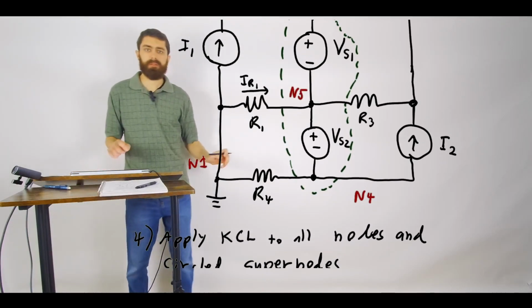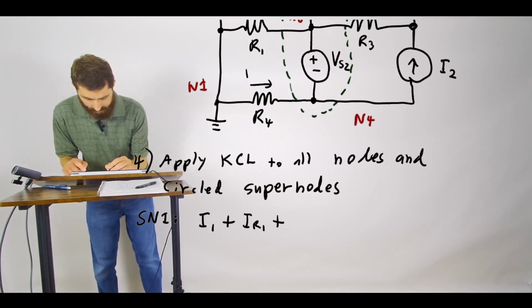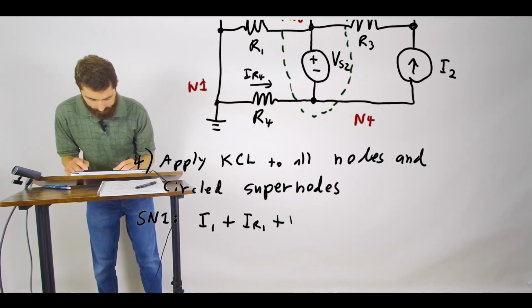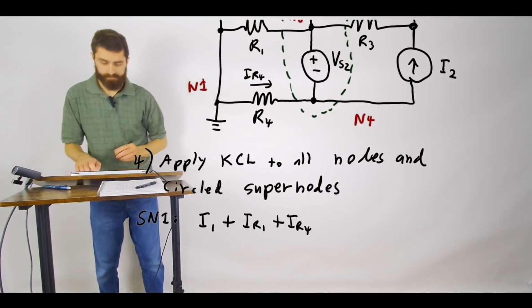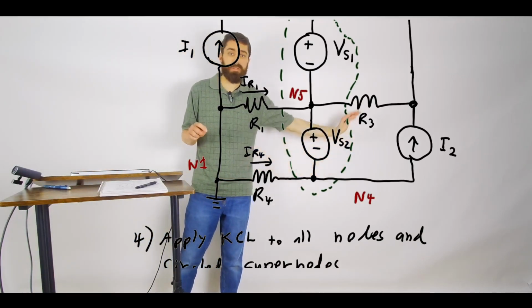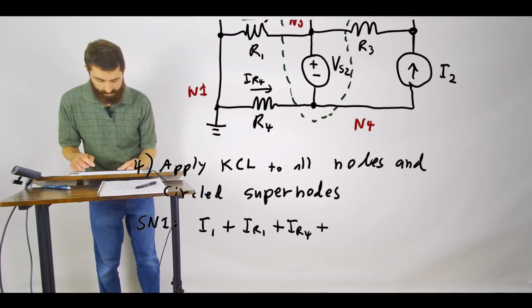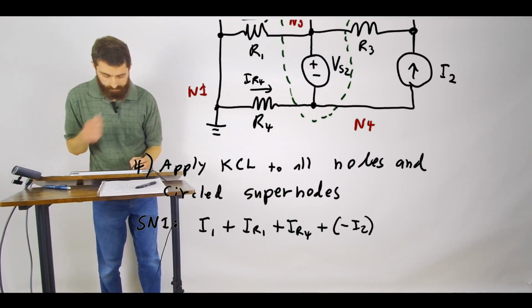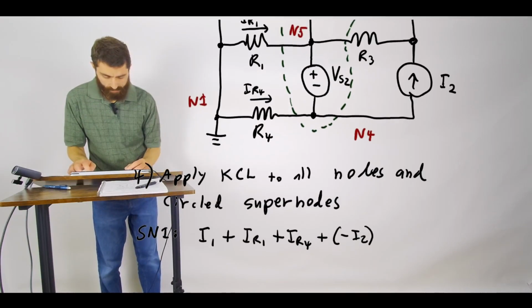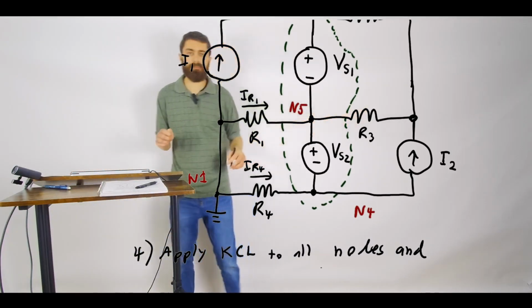plus the current from R4 here, so I'll call that IR4, plus this current here, but the current is going out, right? So to count the current going into the supernode, it'll be plus minus I2. And then we have plus this current through R3.